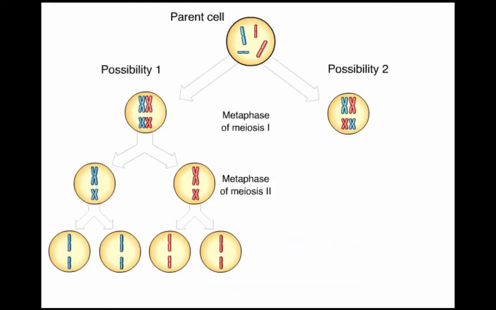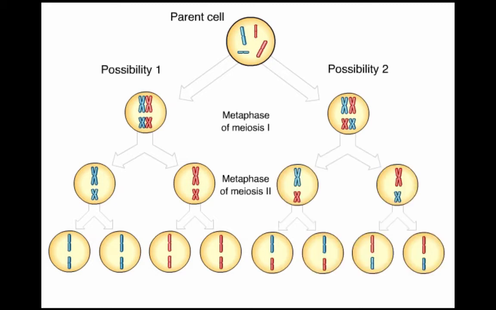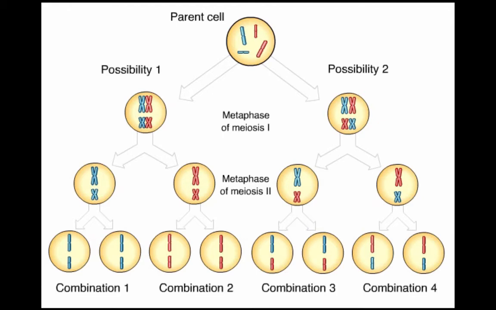There are 2 different ways that each chromosome pair can line up. That means that in the organism shown here, with the diploid number of 4, independent orientation of chromosomes at metaphase 1 can produce gametes with 4 different combinations of maternal and paternal chromosomes. In a human being, with 46 chromosomes, more than 8 million combinations are possible.